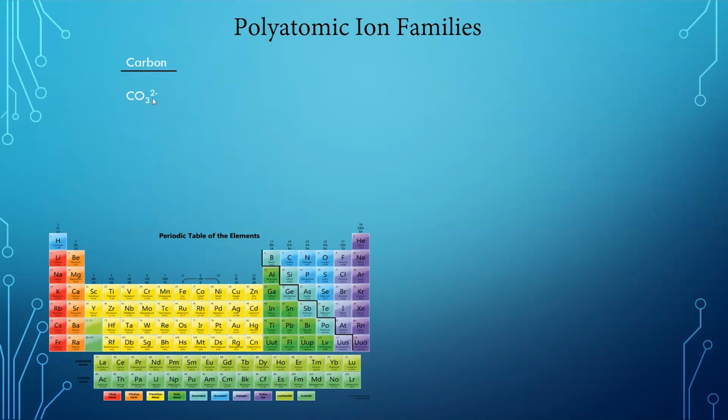The reason that they have charges is because normally the first atom, in this case the carbon, just doesn't have enough electrons to satisfy all those oxygens. If you think about it, how many electrons does an oxygen atom want to gain to get its octet? And that, of course, would be 2. So 3 oxygens would need a total of 6 electrons to satisfy their octet, but carbon, being in group 4, only has 4.